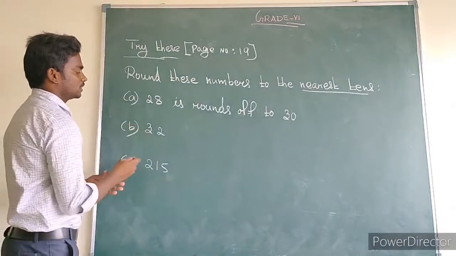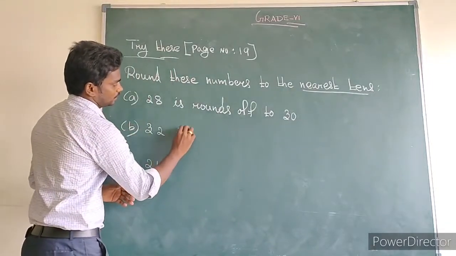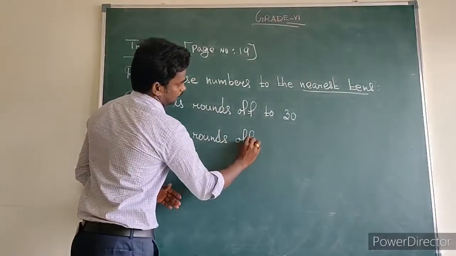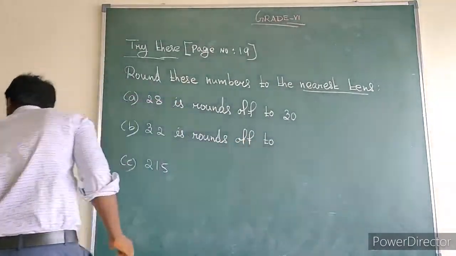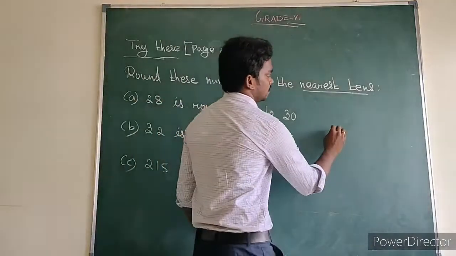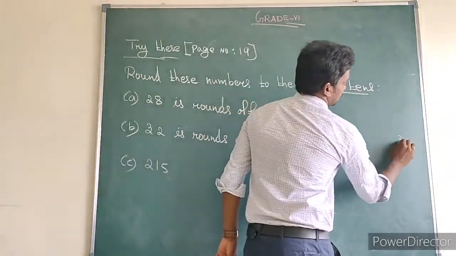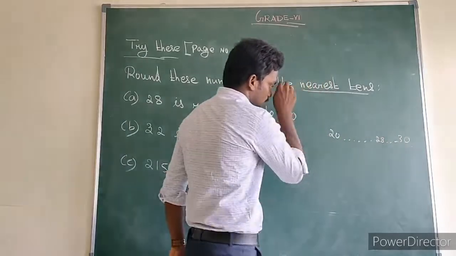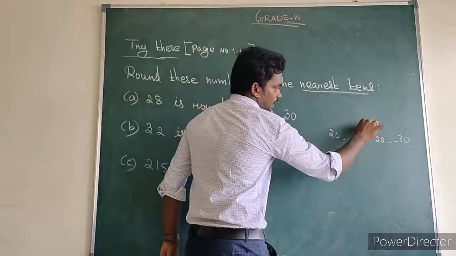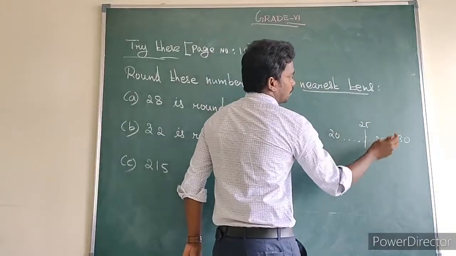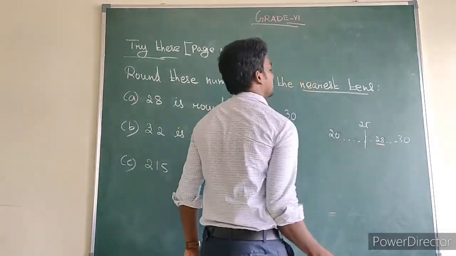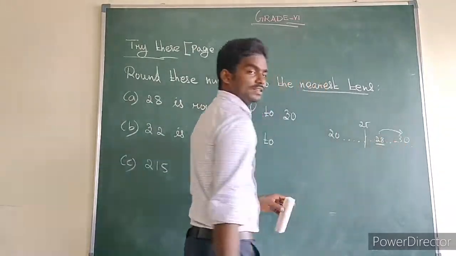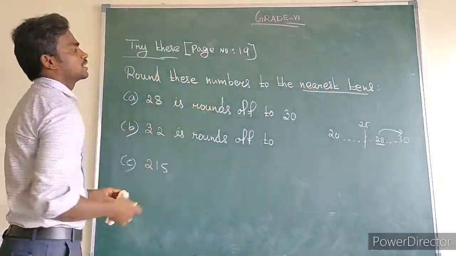Next, 32. 32 rounds up to what? See this number 28: between 20 and 30, the center value is 25. So 28 is nearest to 30.